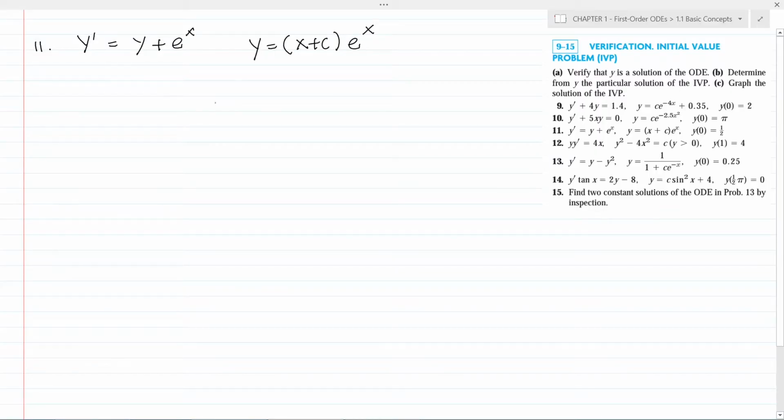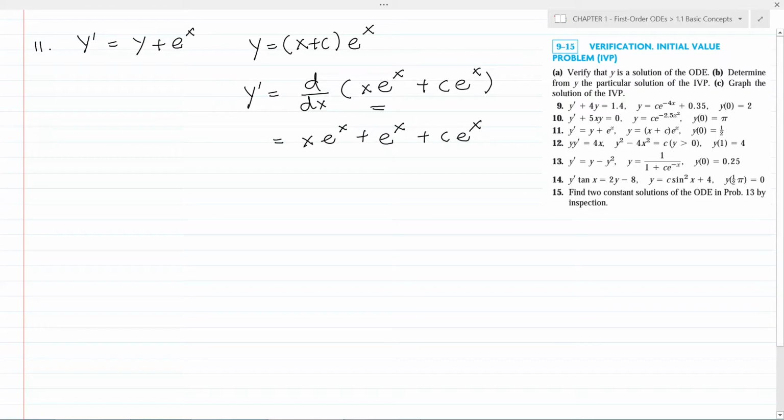We differentiate y with respect to x and we get y dash equal to d by dx of x e to the power x plus c e to the power x. The first term we differentiate and we get x e to the power x plus e to the power x plus, and we differentiate the second term and we get c e to the power x.